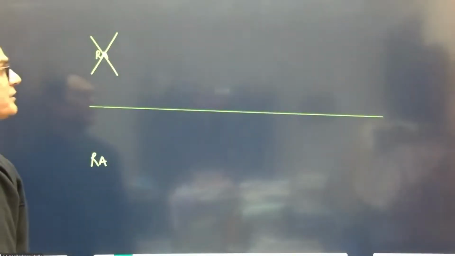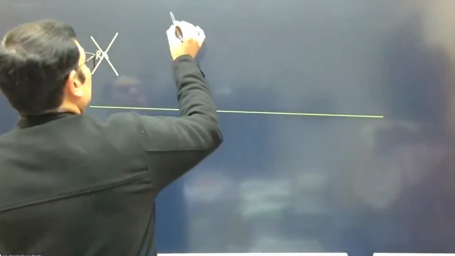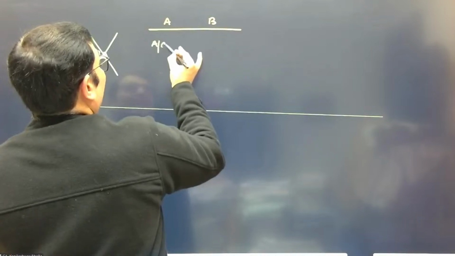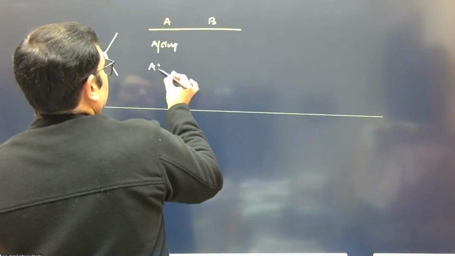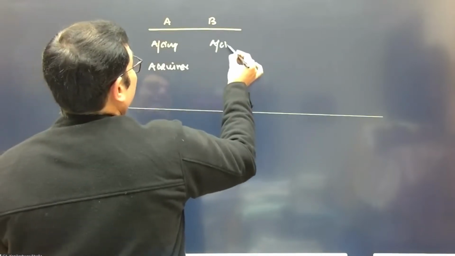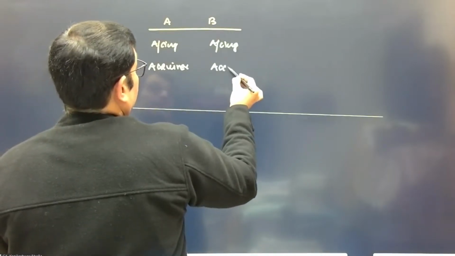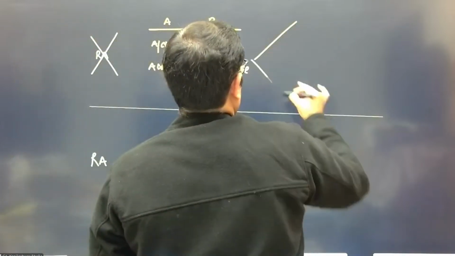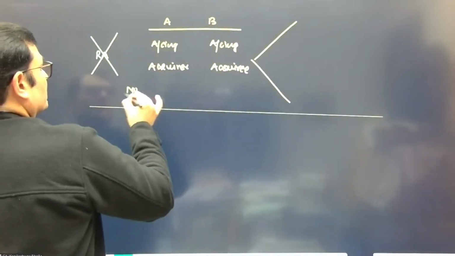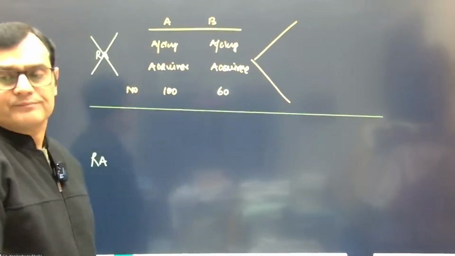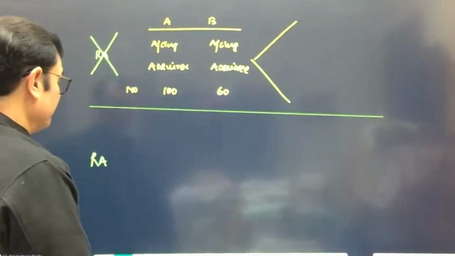If it is not a reverse acquisition, then we are saying that he is the accounting acquirer, and he is the accounting acquiree. So there are 2 cases we're looking at. Let's put the number of shares as well. The number of shares of this company is 100 and this is 60.